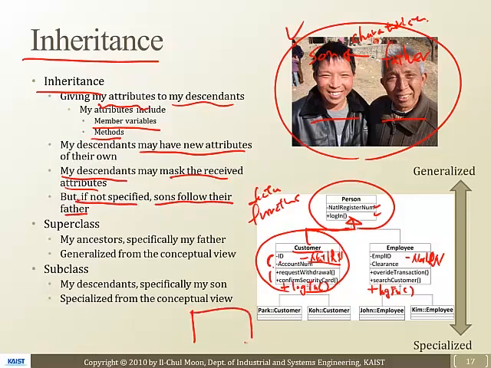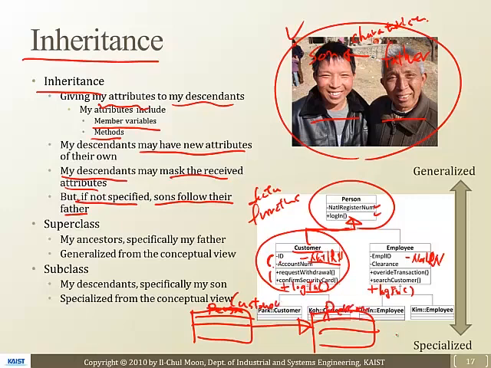And we have this one class, and we have another class, and we have also a hollow point arrow here, and we have person, and we have customer.